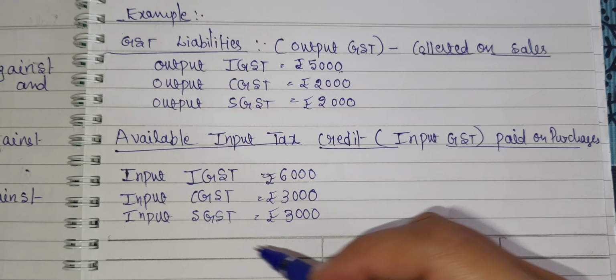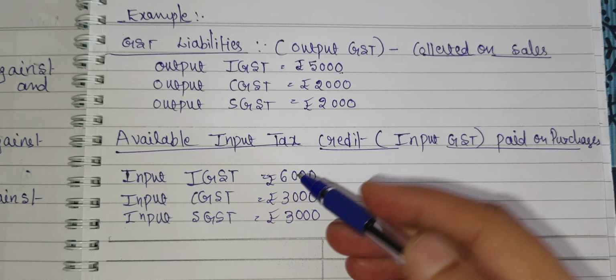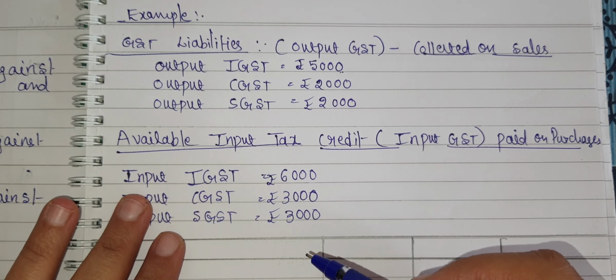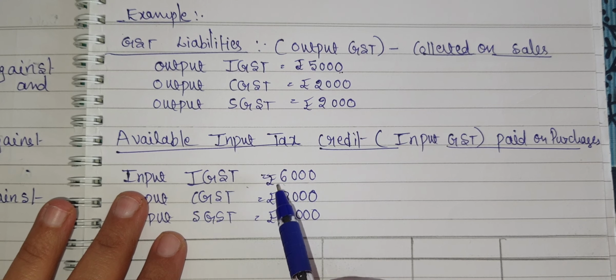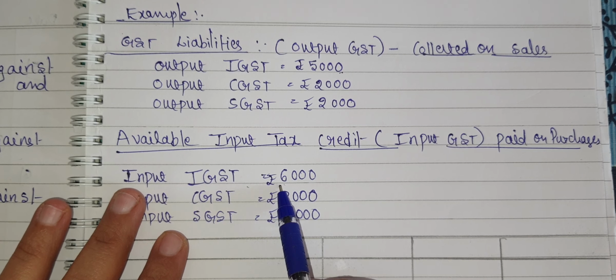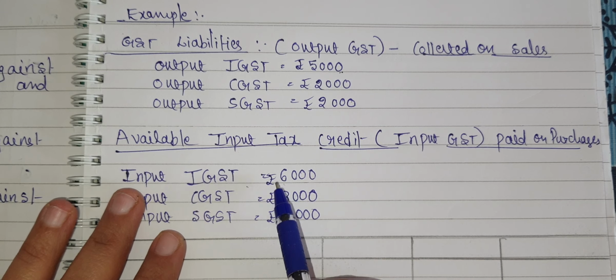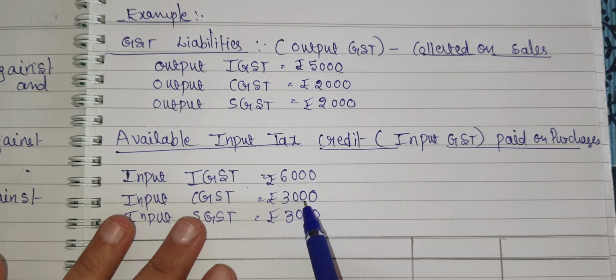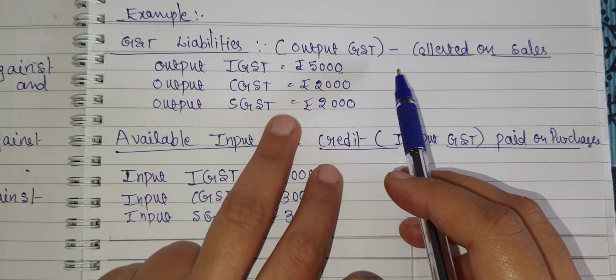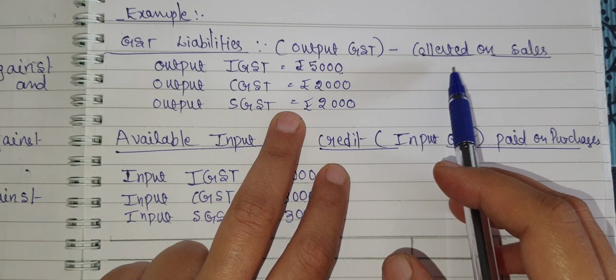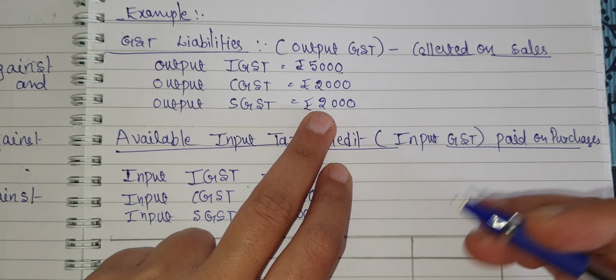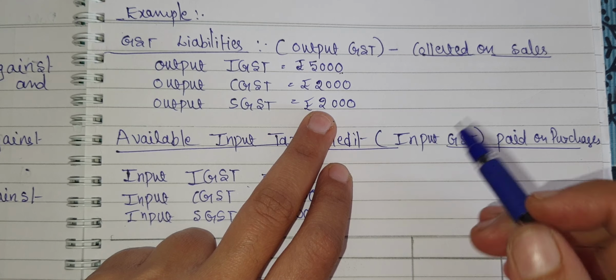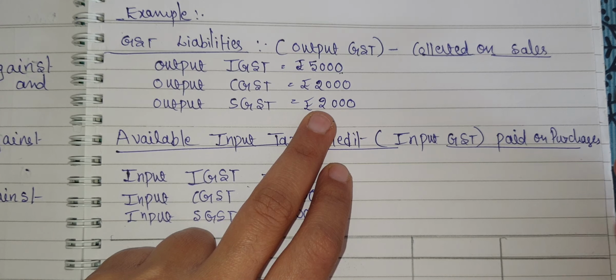See here, available input tax credit means in this problem you have already paid the tax on purchases. But when you sell the goods and services to the customer, you collect the tax from the customers, and that does not belong to you. You have to pay such tax to the government.